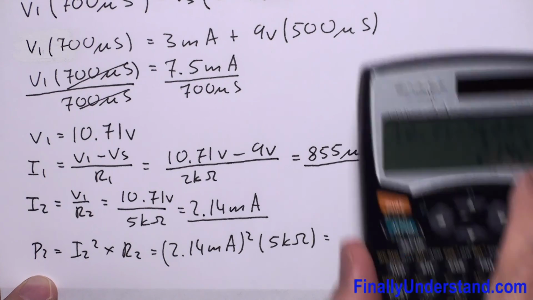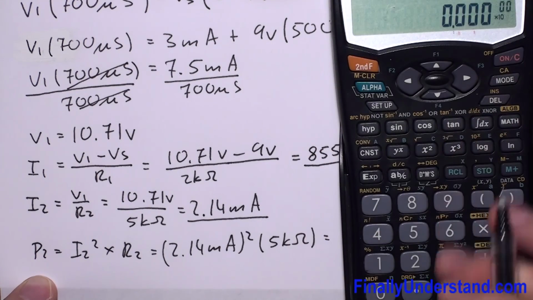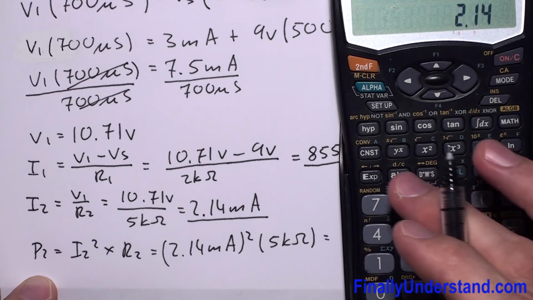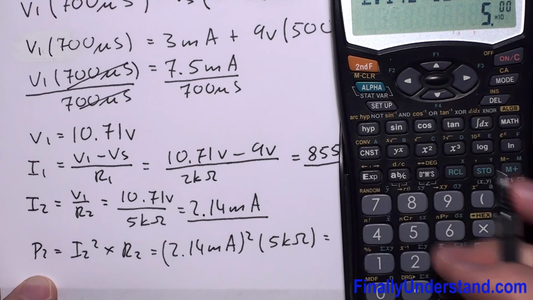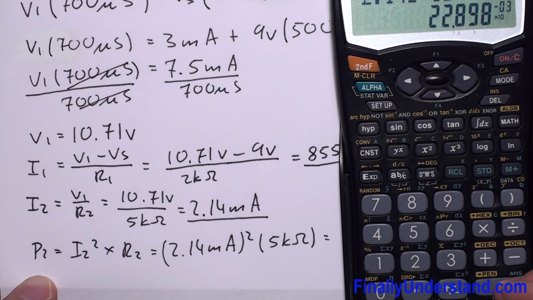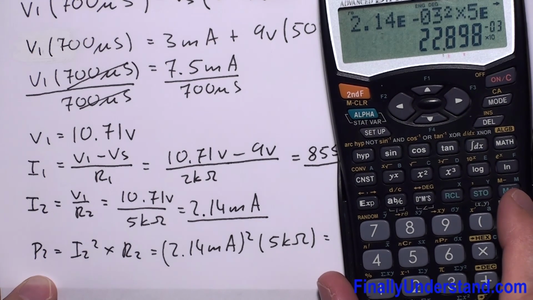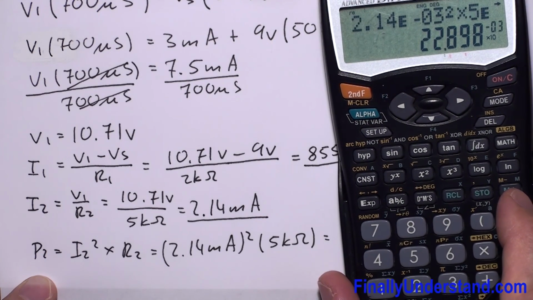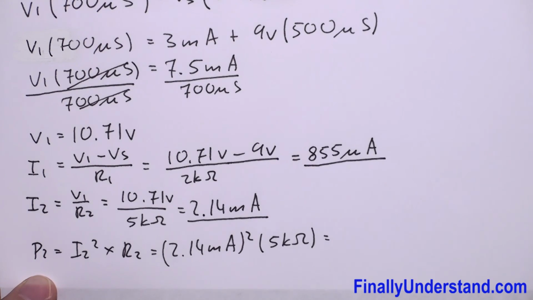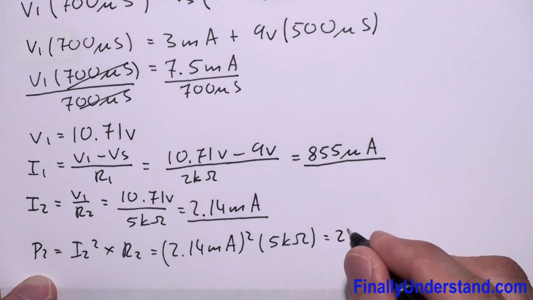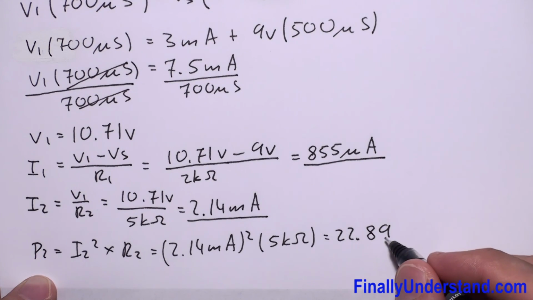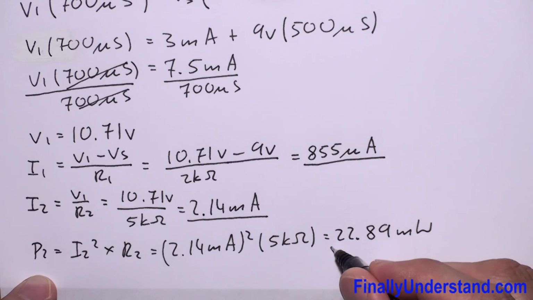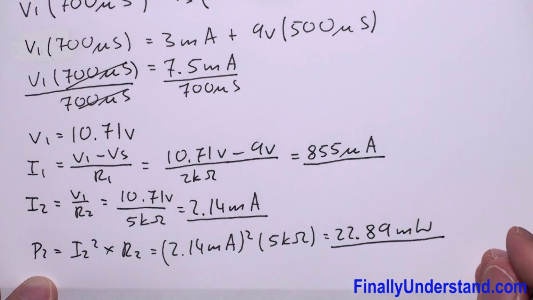This is equal to 2.14 exponent 3 negative to the second power times 5 exponent 3, equals 22.89 milliwatts. So this is 22.89 milliwatts. Now I can say that the problem is solved.